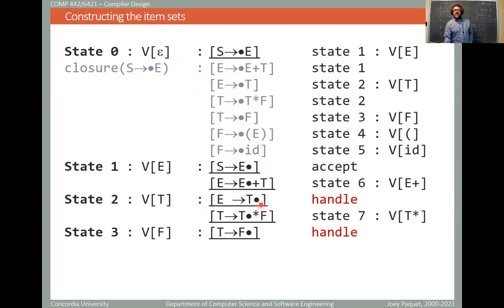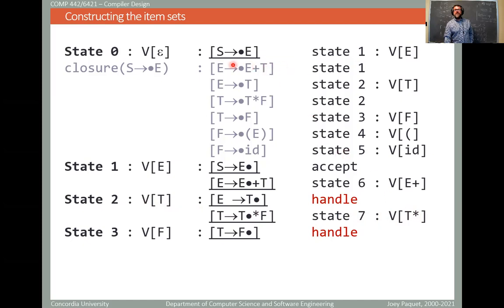And then what are the transitions from that? I can only transition from state 2 by going over the star, right? Which would lead me to V of T star. Here, state 7 is V of T star.